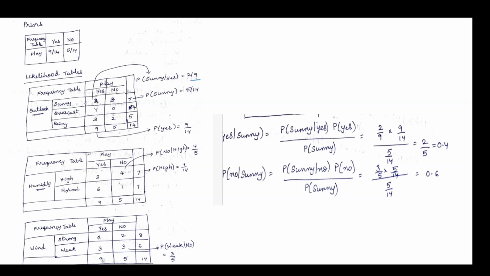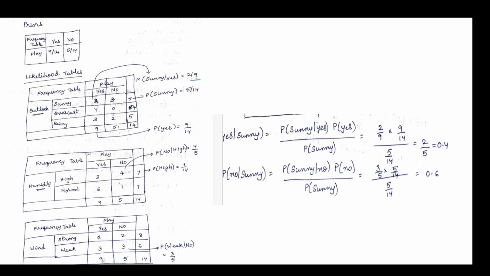Outlook equal to sunny given play equal to no is 3 by 5. Outlook equal to overcast given play equal to yes is 4 by 9. Outlook equal to overcast given play equal to no is 0 by 5, and so on. So this is how the likelihood tables are calculated.